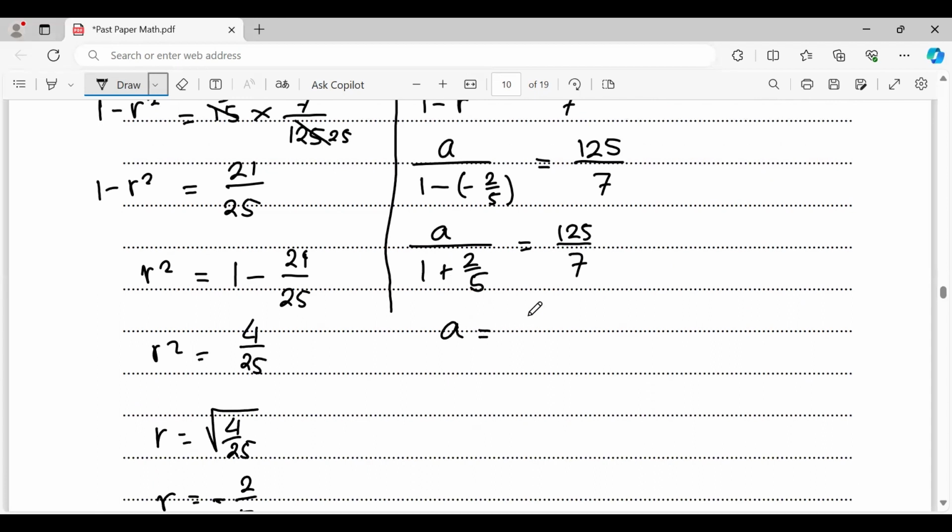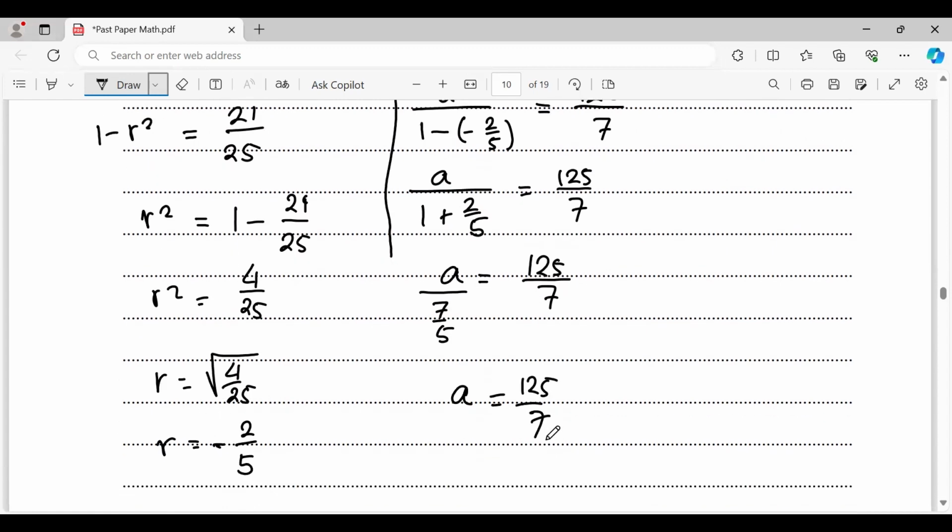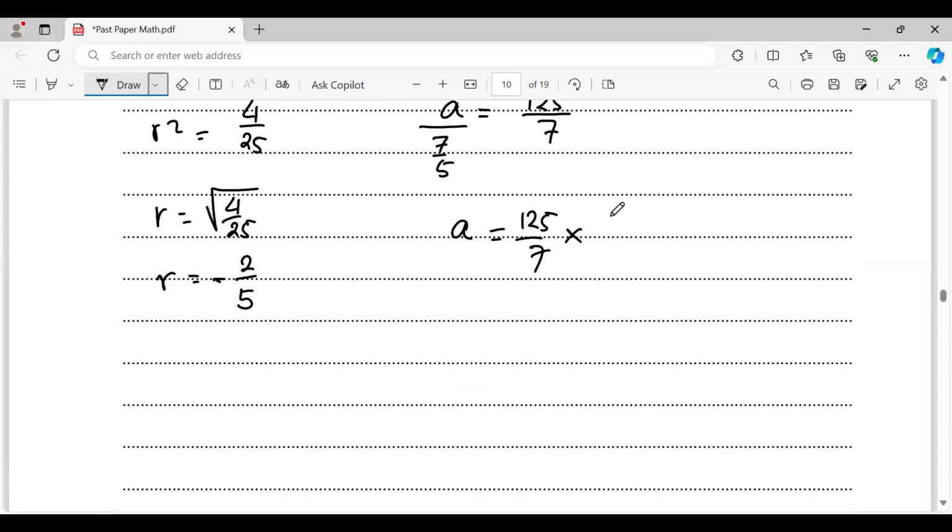A over 7/5 equals 125 over 7. Then A equals 125 over 7 times 7/5, equals 125 over 5 equals 25. So A equals 25.